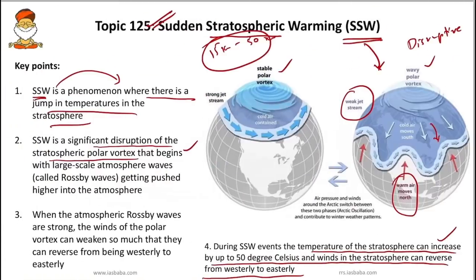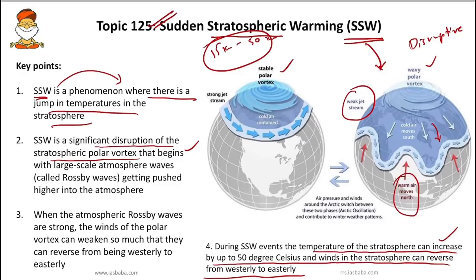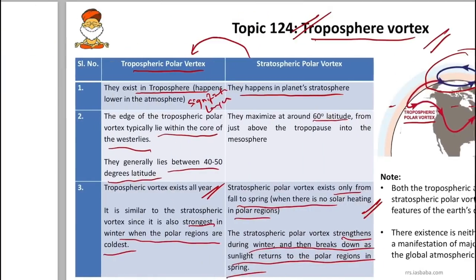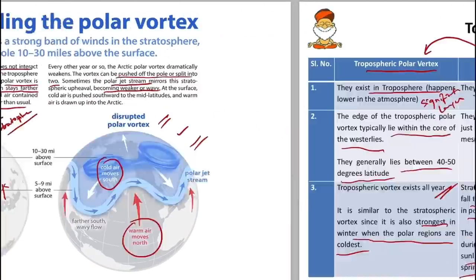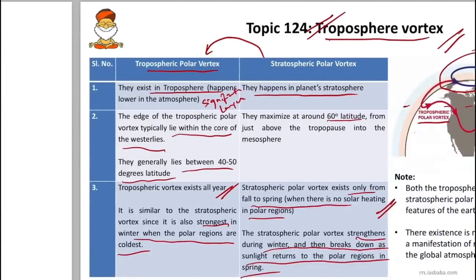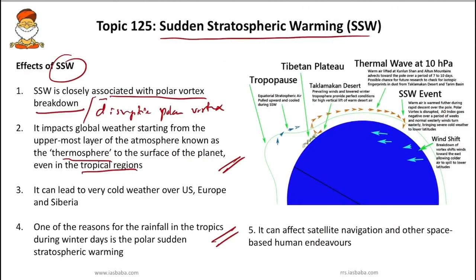You have to know that sudden stratospheric warming is associated with the breakdown of the polar vortex, that is the disruptive polar vortex, which we had already covered earlier in the polar vortex topic.